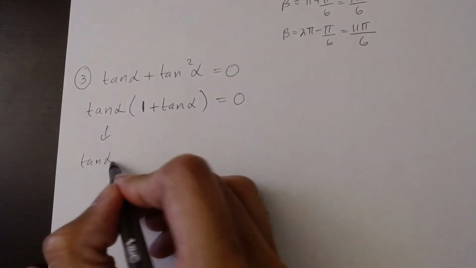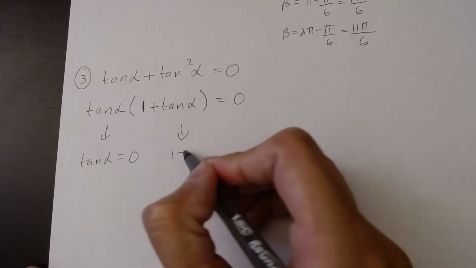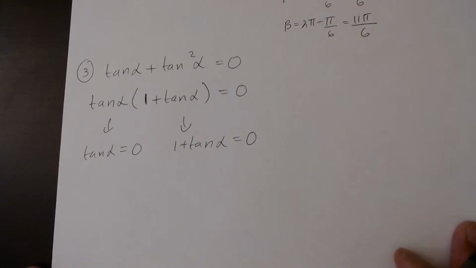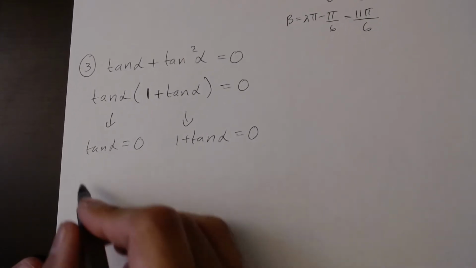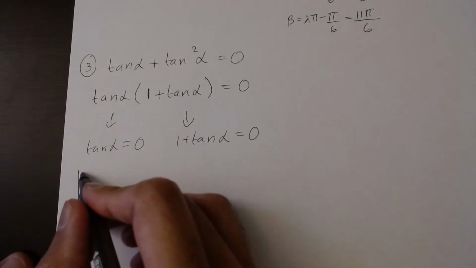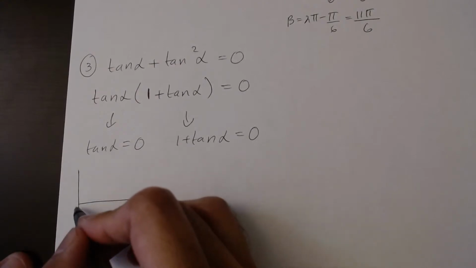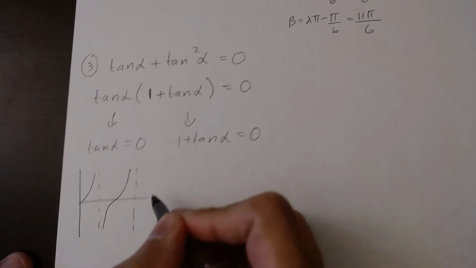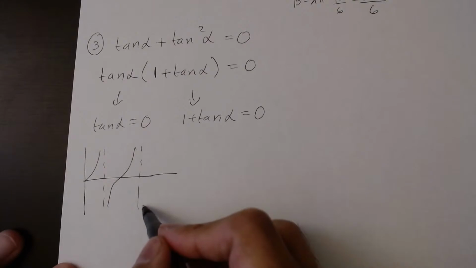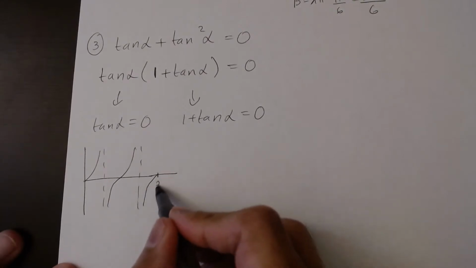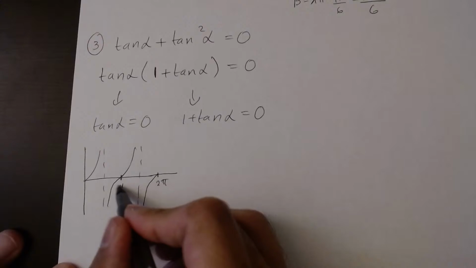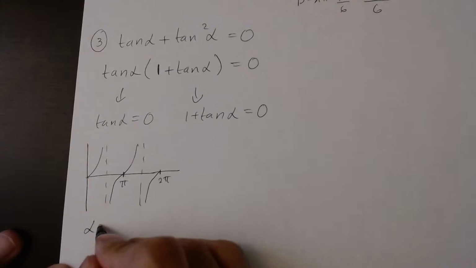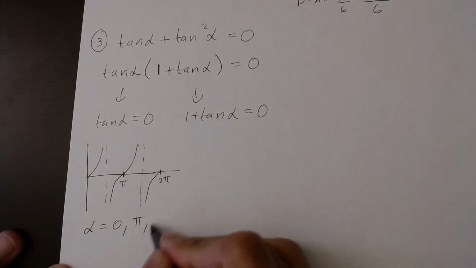So tan alpha equals 0, or 1 plus tan alpha equals 0. And then for tan alpha equals 0, you want to use a tan graph. This is a tan graph between 0 and 2 pi. So tan alpha is 0 at 0, pi and 2 pi. So alpha equals 0, pi, and 2 pi.